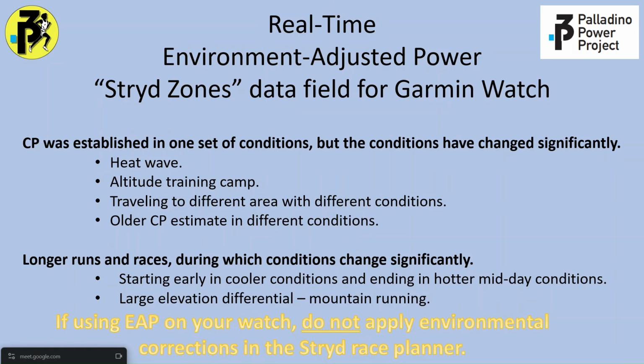That's double dipping. So just run your race planner based on same conditions, no environmental corrections, but then use real-time environmentally adjusted power. Do not apply corrections and then use real-time adjusted power.